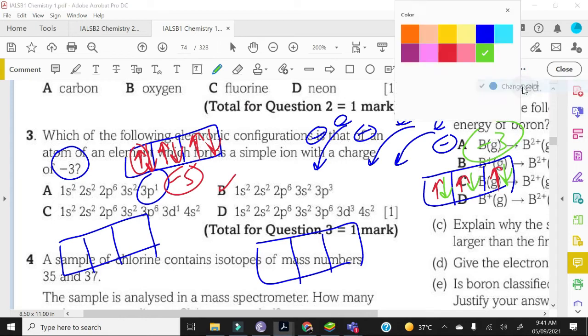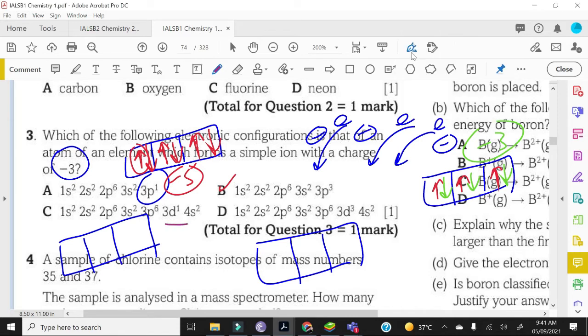Let's talk about the other probability. 1s is 2, 2s is 2, 2p 6, 3s, 3p is completed. Now 3d and 4s is 2. So the acceptance for 3d is much more, like d is of 5 kinds. If it is only acceptance, 1, 2, 3, 4 and 5. It has already 1 electron in 3d.